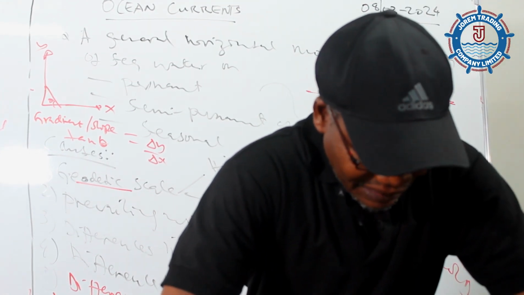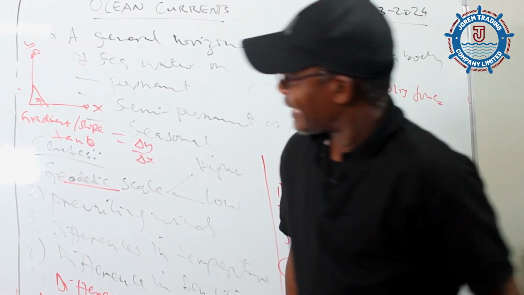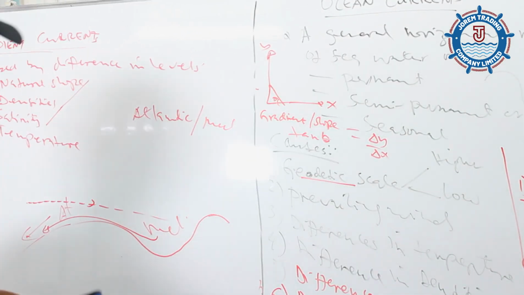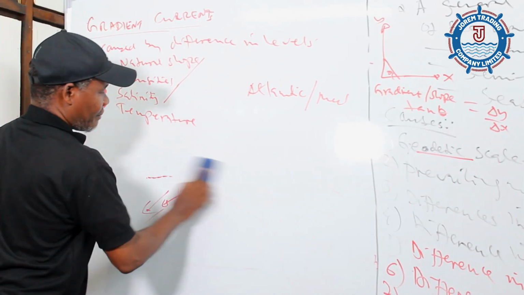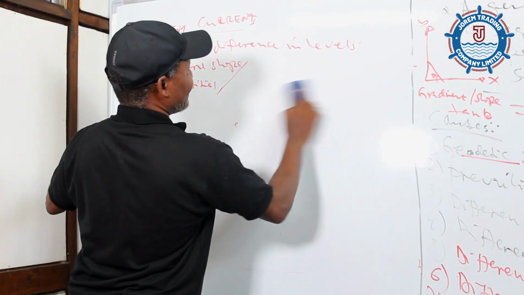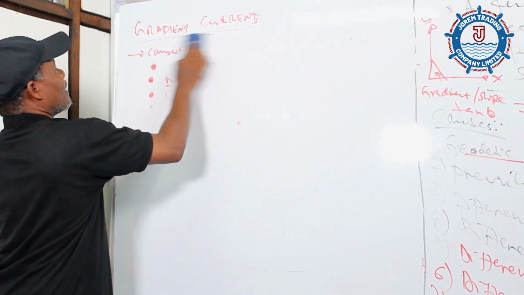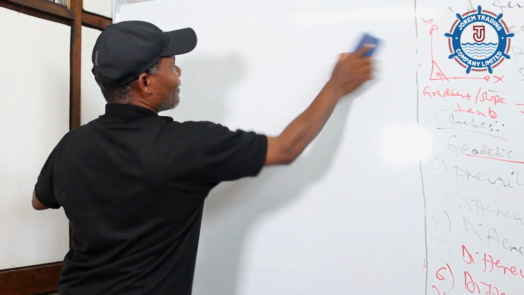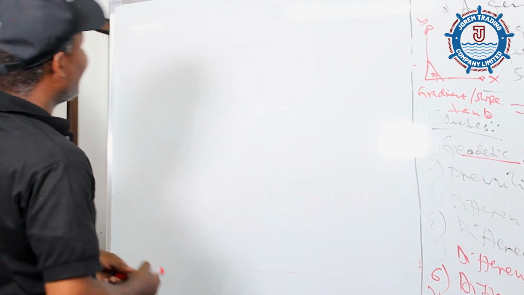The upwelling we discussed before, the upwelling currents, you can find them on the eastern shore of large oceans.